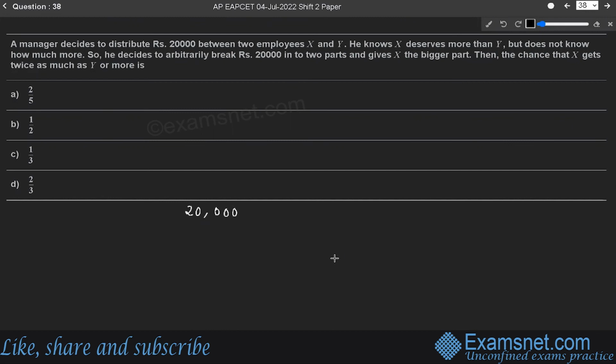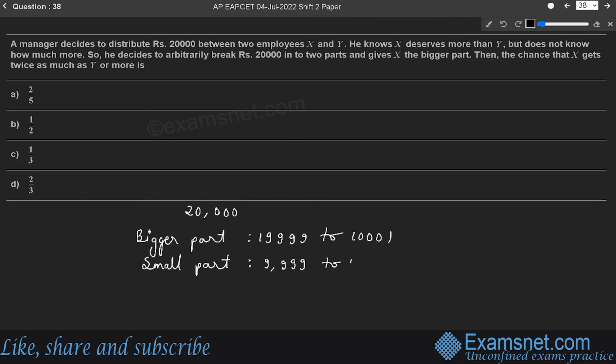It is clearly given in the question that X gets the bigger part. So we can say that the bigger part will range from 19,999 down to 10,001, and the smaller part will range from 9,999 down to 1.